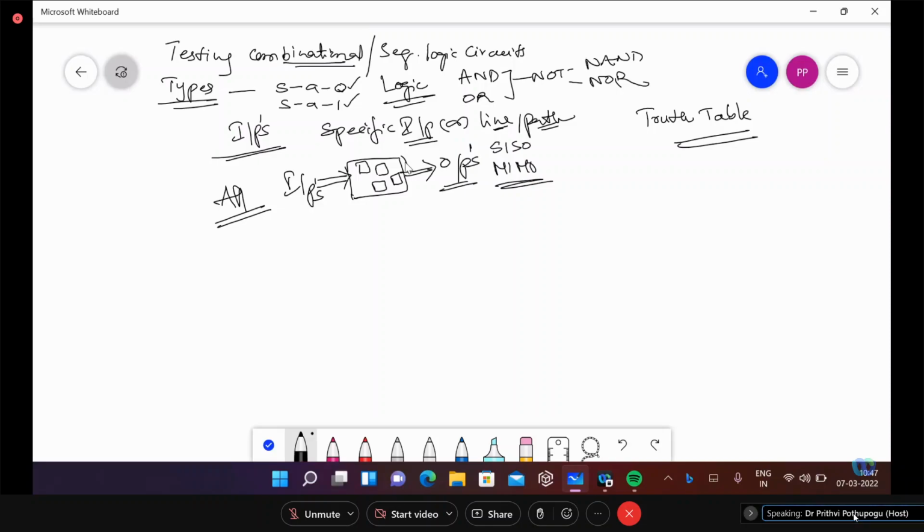So for this, if I know what is the input of a segment, how many inputs I have and how many outputs I have, and what are the relations between these inputs and outputs, and what is the logic that is interlinking those inputs and outputs, then as a testing engineer, you can assess which line I need to test.